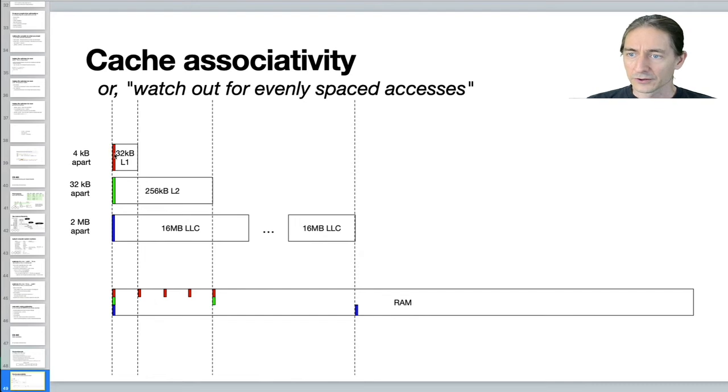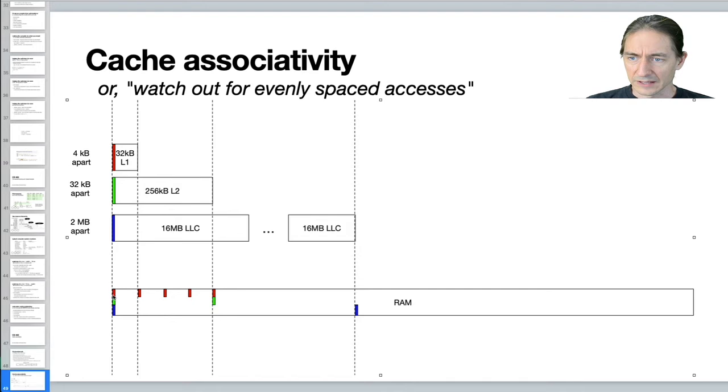So the first cache line in the L1, the 0th cache line, can hold the 0th byte of memory, and the next byte of memory it can hold is 4 kilobytes away. You look back here.